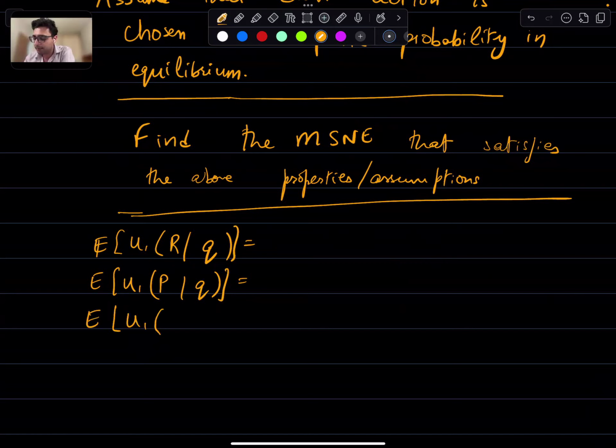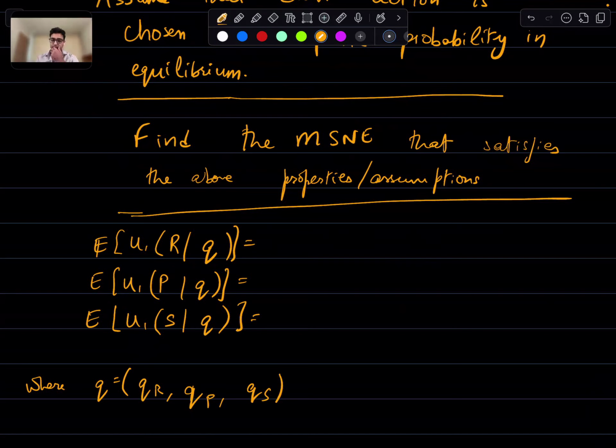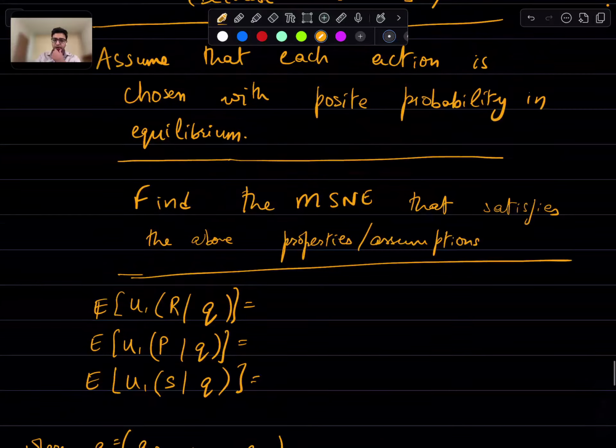EU1 from scissors given Q should equal something. And Q, I assume, is the vector QR, QP, QS. Right, so taking that as given, what is the utility that player 1 gets from choosing R, P, and S respectively?